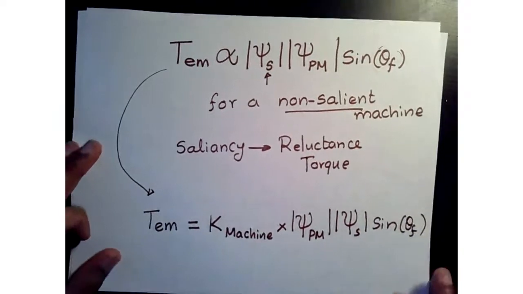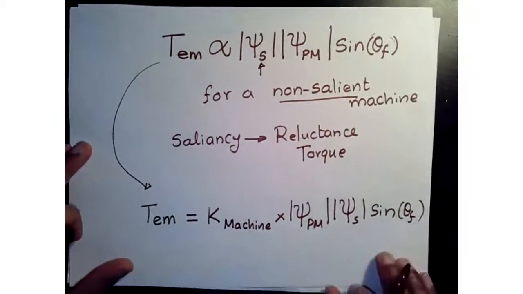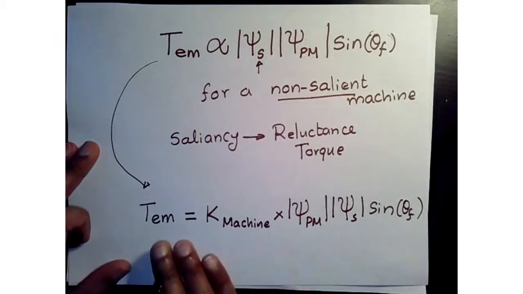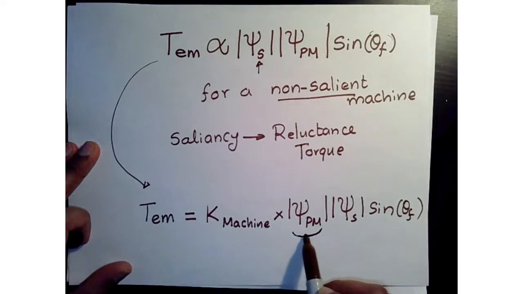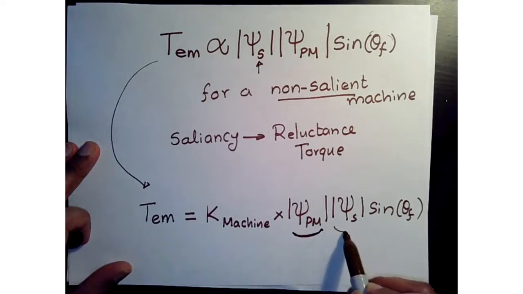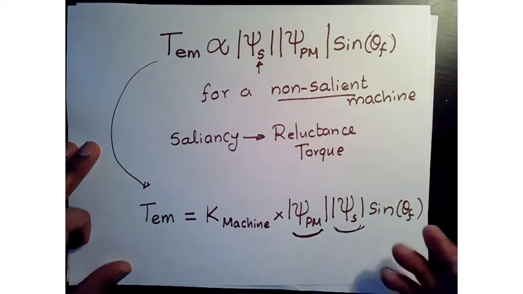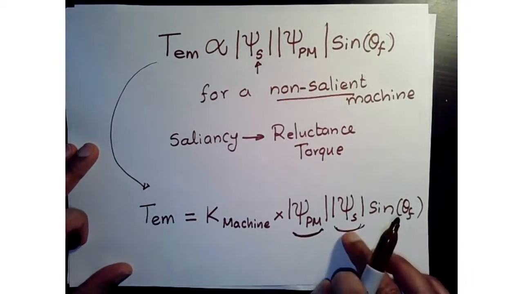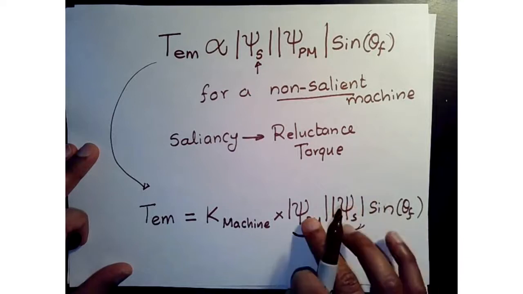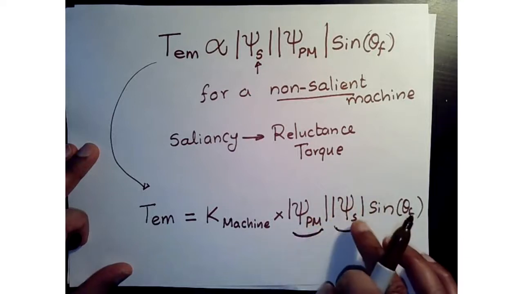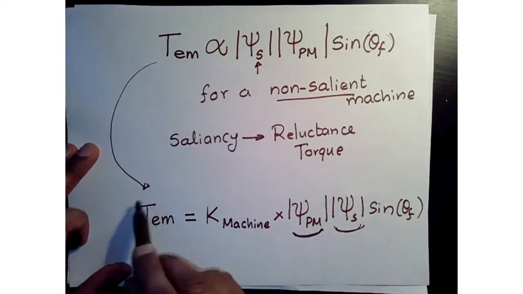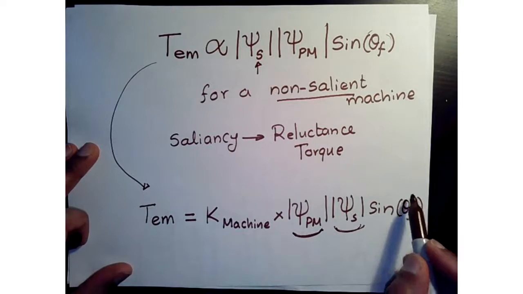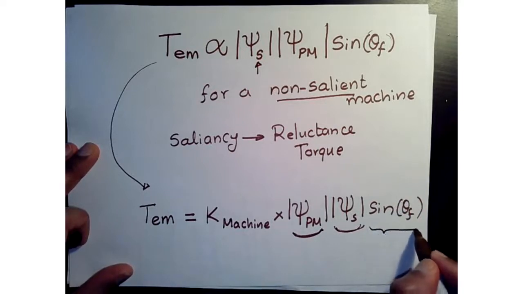Now for this equation, let's say the stator flux has a fixed amplitude, because we have applied a certain current and set it to that value. With the same permanent magnet flux and stator flux, in order to maximize that electromagnetic torque, what should sine theta F be?